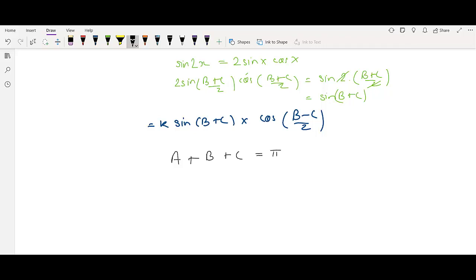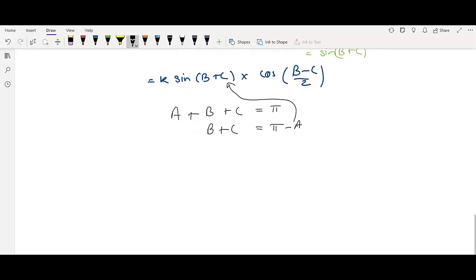So you can write b plus c as pi minus a. You can either substitute that here directly, or you can take sine on both sides. Both ways work the same. I'm gonna substitute this right here because I used the taking sine both sides strategy already. So k sine of b plus c is pi minus a into cos of b minus c by 2.